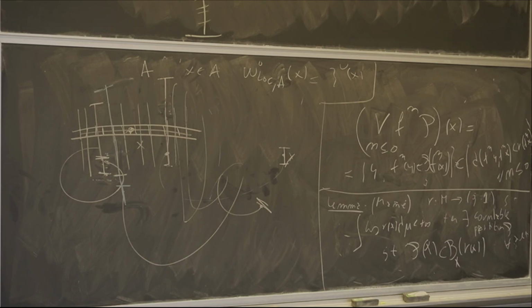And then Pesin theory tells you that if there are no zero exponents, this is inside the unstable manifold of x.